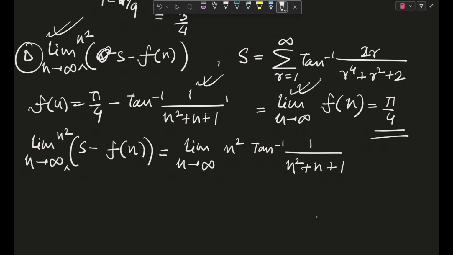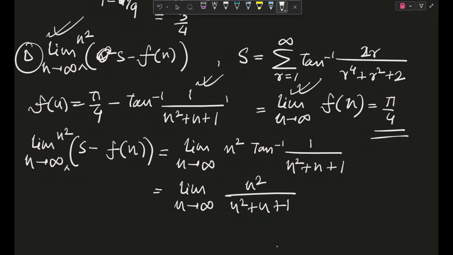Please be careful of this, you might get confused. Anyways, after this things are pretty simple because the argument of tan inverse is going to 0. So we can simply replace tan inverse with its argument. So this is limit n tends to infinity n square by n square plus n plus 1.